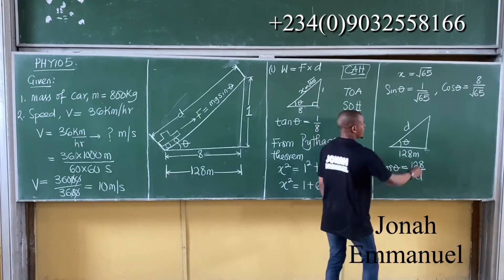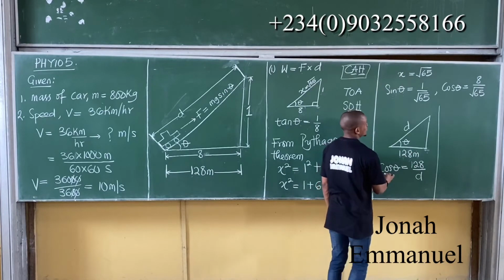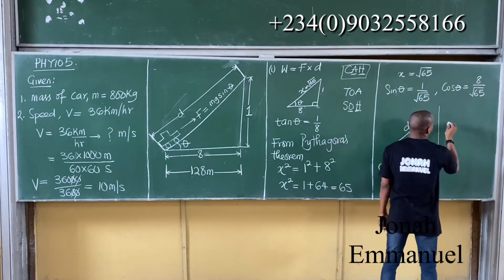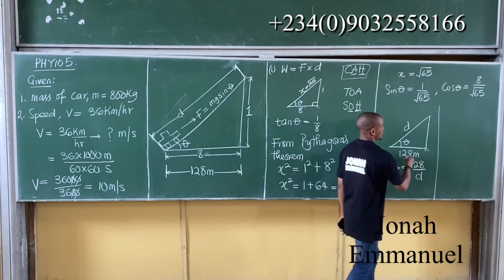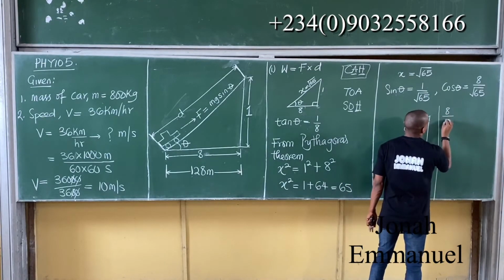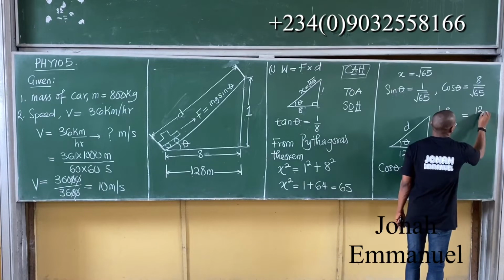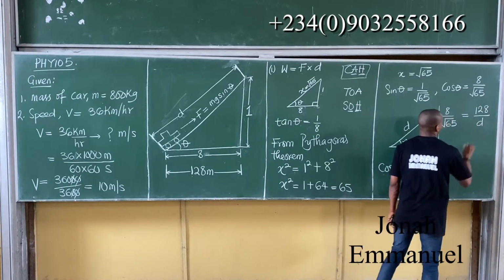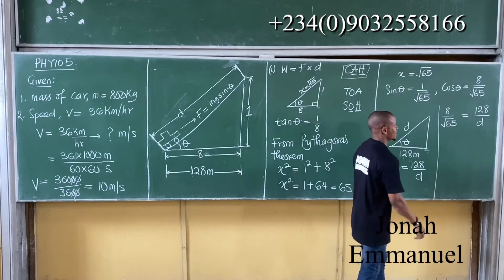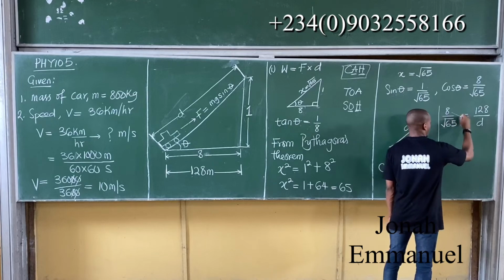Alright, so impute the value of cos theta. We said cos theta is equal to 8 over root 65. This is cos theta is equal to 128 all over D. So let's get D. It's as easy as cross multiplying.